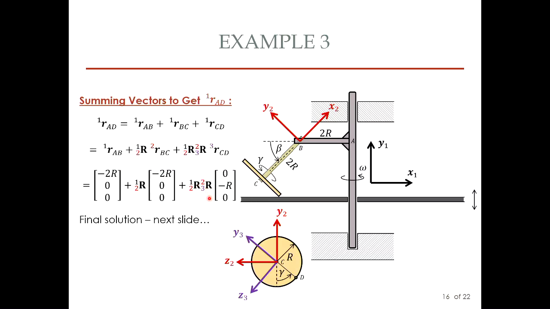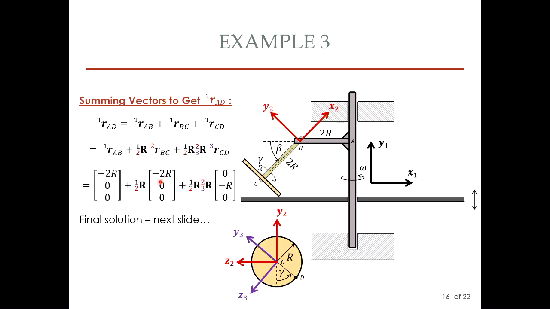So this one is conveniently represented already in frame 1. From A to B, as we mentioned, I'm going 2r units in the negative x1 direction, so that's why it's minus 2r, 0, 0. For the vector from B to C, I'm going 2r in the negative x2 direction.